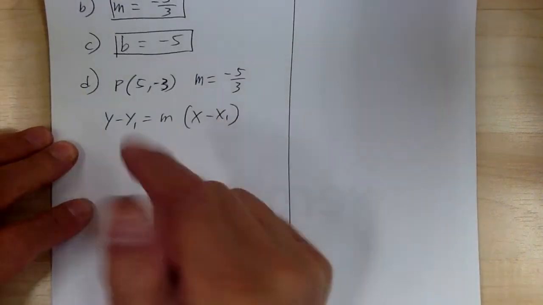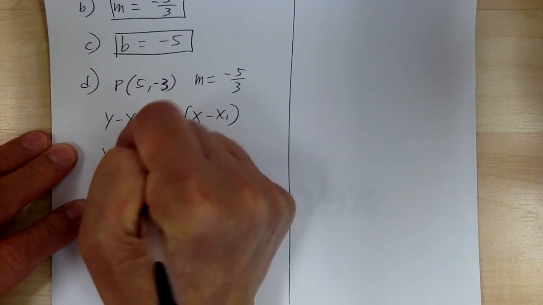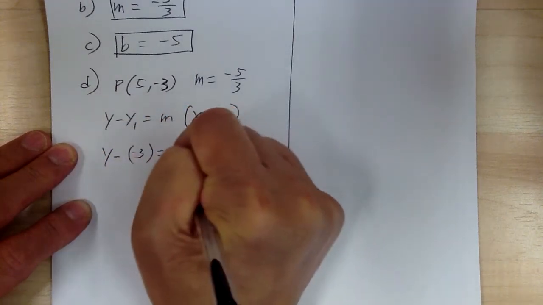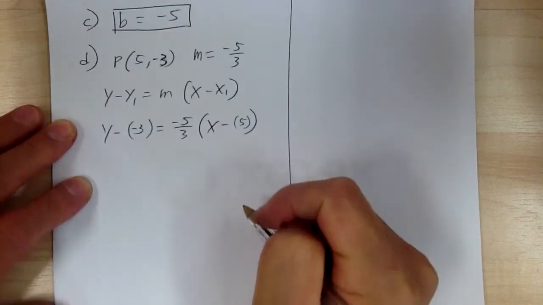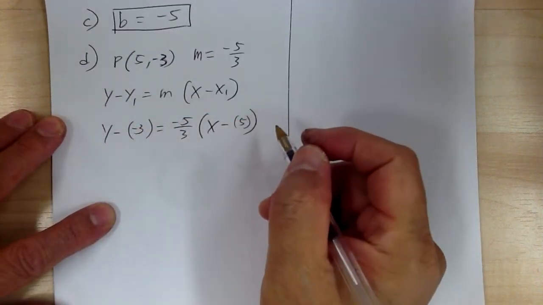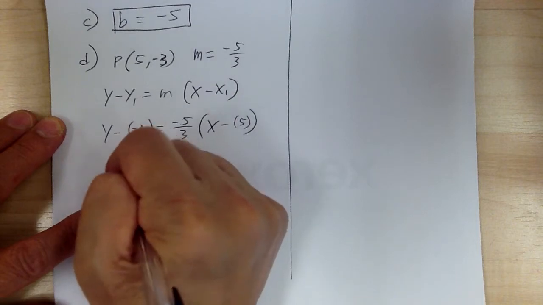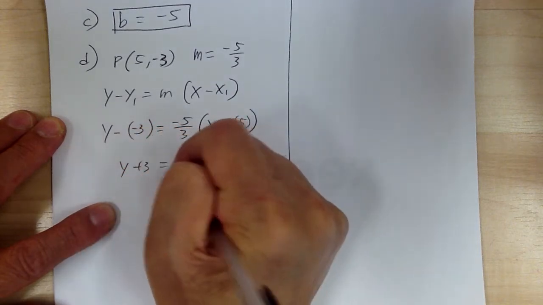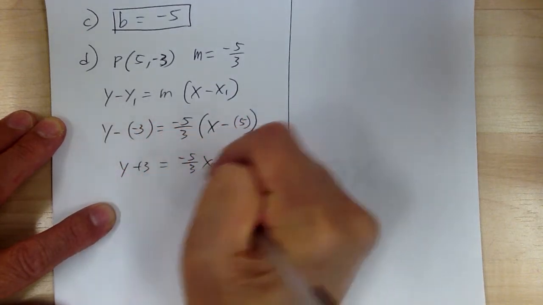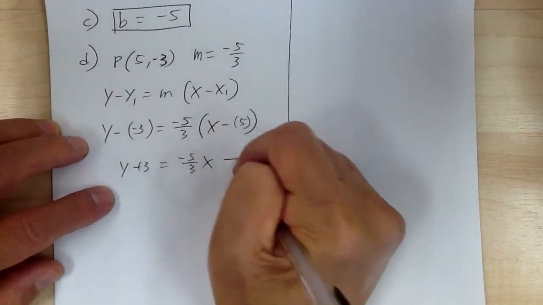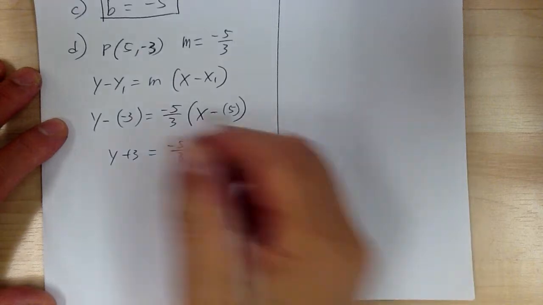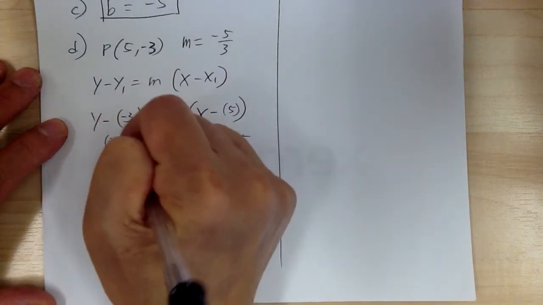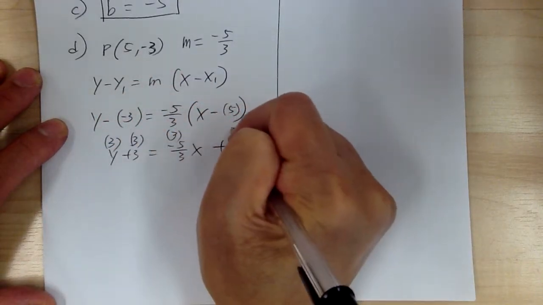Now you substitute. So you get y minus negative 3 equal to negative 5 over 3 times x minus 5. Simplify a little bit: y plus 3 equal to negative 5 over 3 x, negative times negative is plus 25 over 3. You distribute, then multiply everything by 3 to get rid of the fraction.